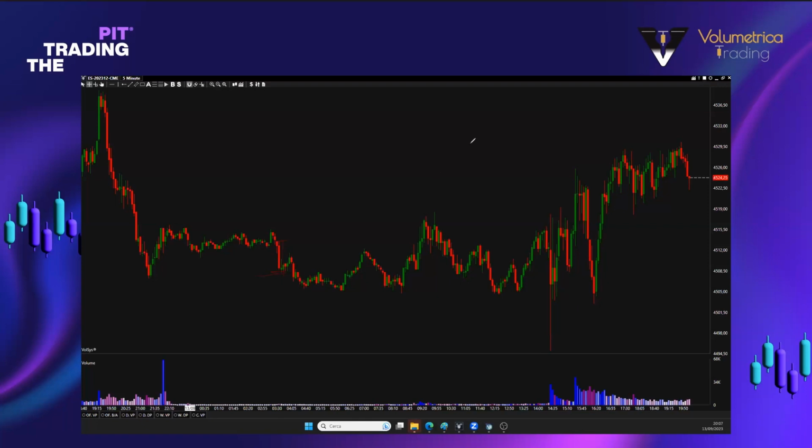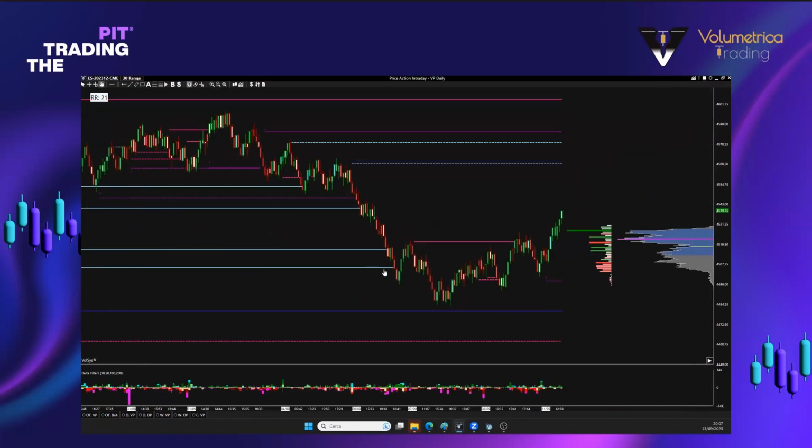We don't have this information available in the range bars because they are completely unrelated to time, since the market transacts at different speeds according to the different times of the day. For example, in the morning S&P 500 could complete a range of 30 ticks in terms of price move maybe in 30-40 minutes.